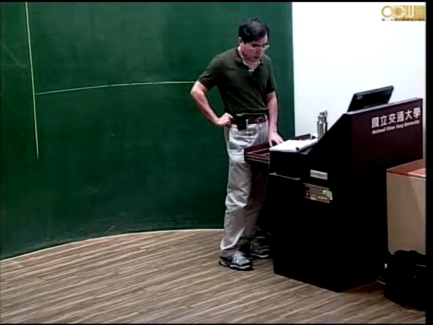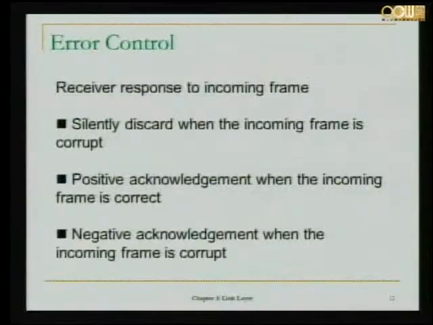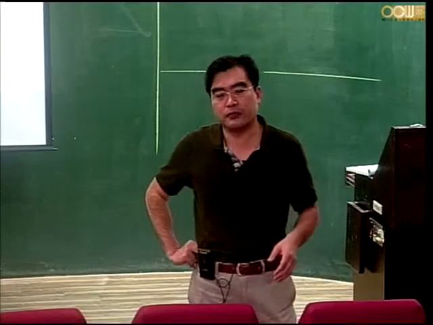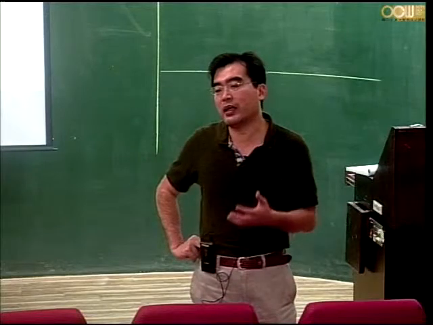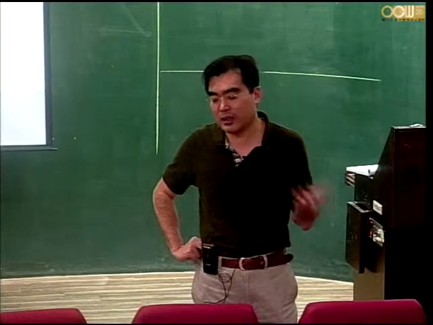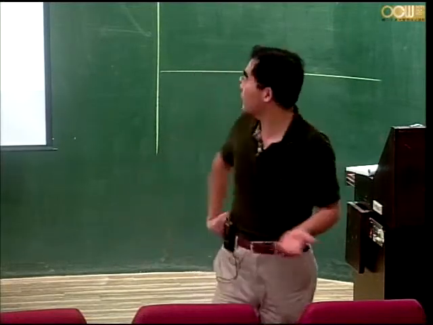Okay, the next issue will be the error control. What happens if you do the CRC and it's incorrect? If it's correct, fine. If it's correct, should I acknowledge the sender? If it's incorrect, should I send a negative acknowledgement to the sender?